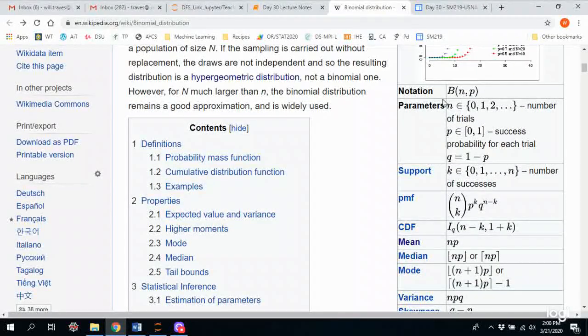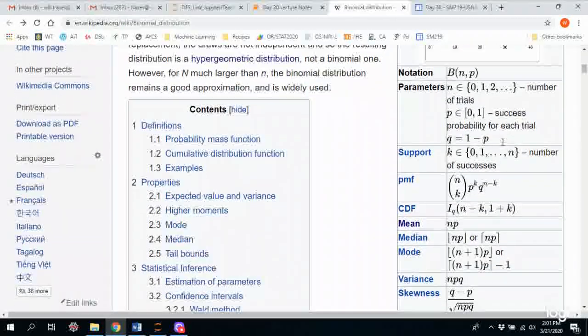Here's the binomial distribution. It takes two parameters, n, and they explain what the parameters are. That's the number of trials. And P is the success probability for each trial. And then they've got another parameter, which is often used, called Q, but you can see it's completely determined by P. It's 1 minus P.